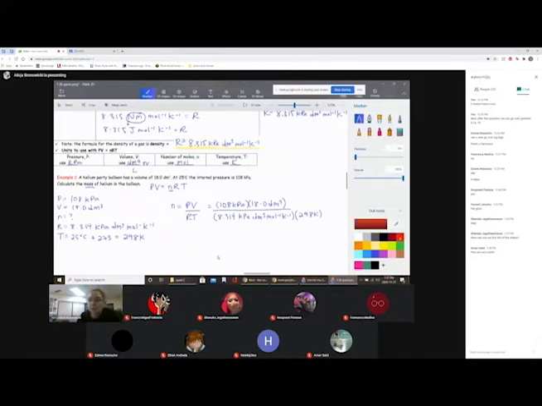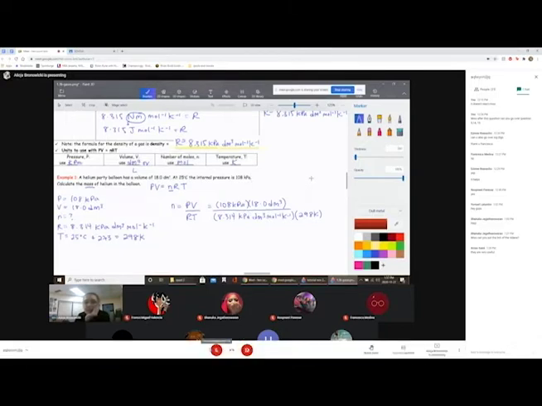Okay, so what can I cancel? If you see something on top and the exact same thing on the bottom, you can cancel it. Good, I can cancel kPa. What else can I cancel? Liters. Good.